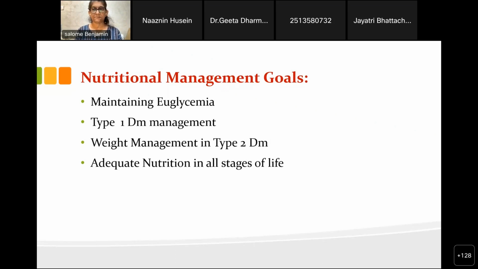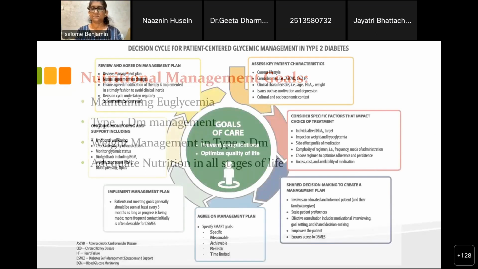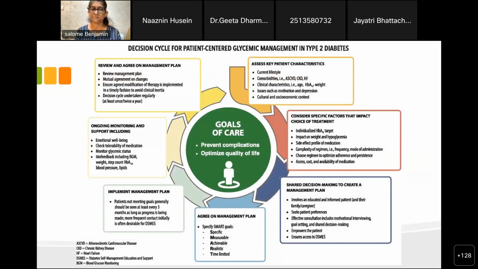So friends, next slide, the dietitian should be learning about what actually caused the insulin resistance or sensitivity. This is a very beautiful patient-centric glycemic management. You can download it. This is actually taken from our Indian guidelines of 2019 on goals of care.